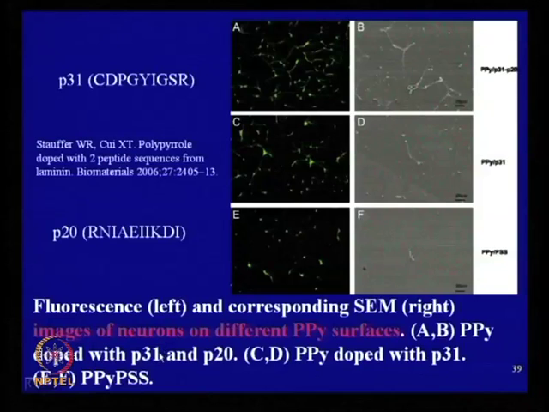Now, here you see some fluorescence and corresponding images of neurons on different polypyrrole surfaces. Some neurons you see in blue and green colors, neurons made of polypyrrole have been developed through some protein molecules. Okay.